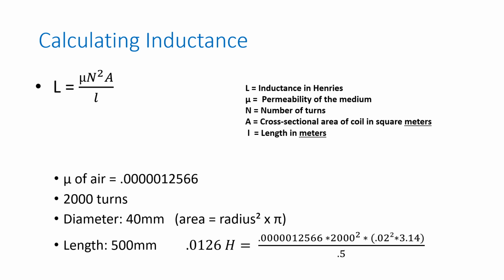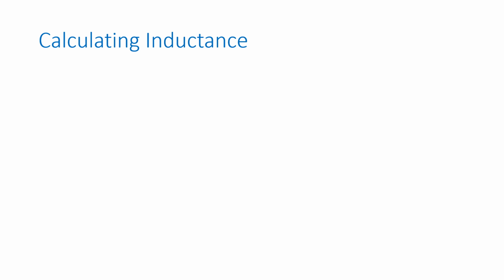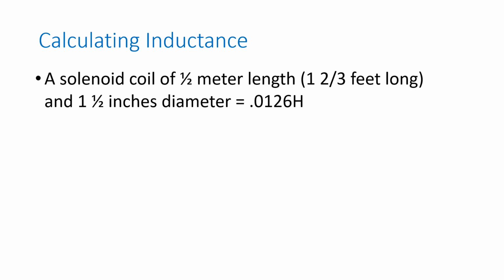And what do we get? We get 0.0126 henries of inductance. Another way to say it is we have 12.6 millihenries of inductance. That's quite a bit of inductance. But is it really that much? Think about this.